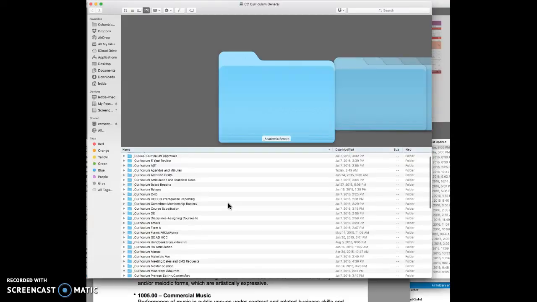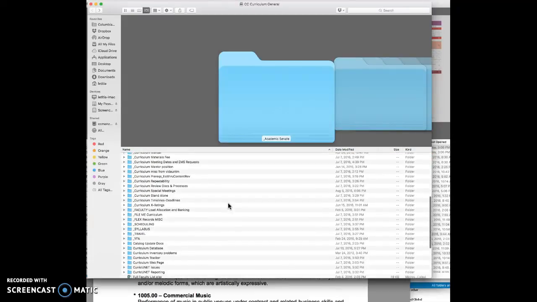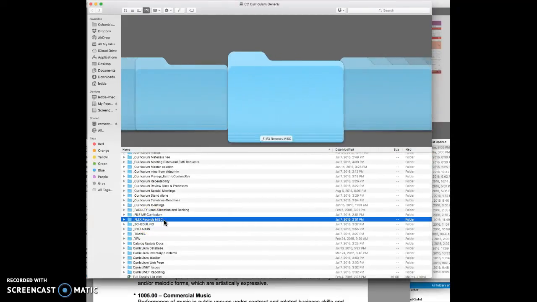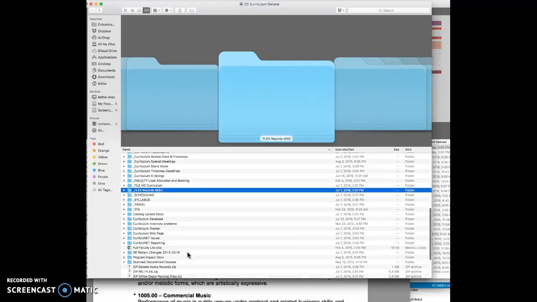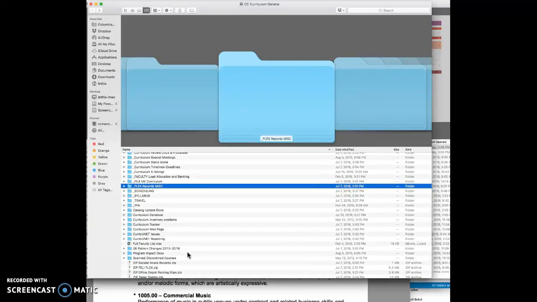So in the Curriculum General folder, we might find some academic senate materials, things like Flex, Flex being a type of time that faculty are accountable to fulfill their contractual obligations as faculty. That does not belong in here.